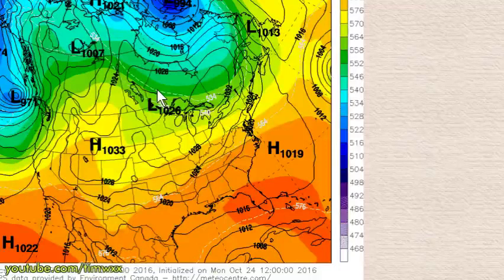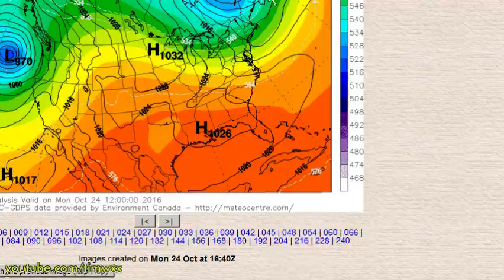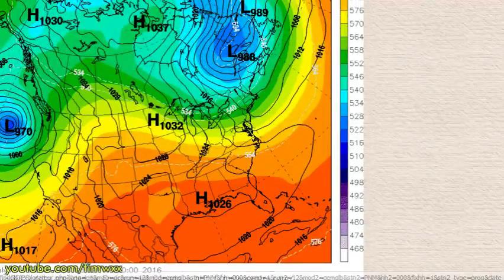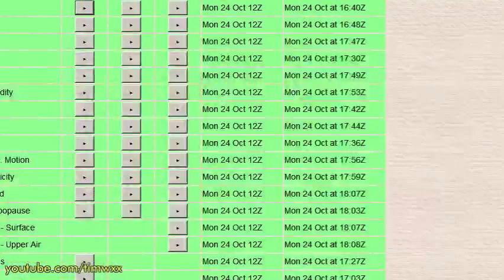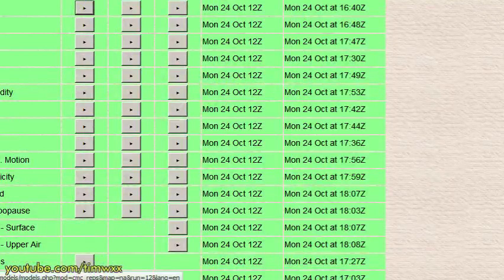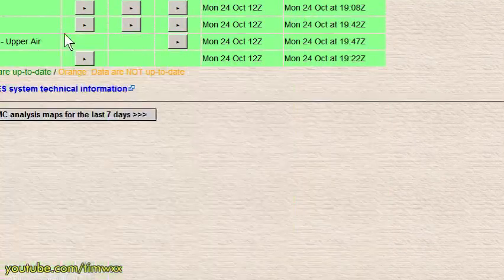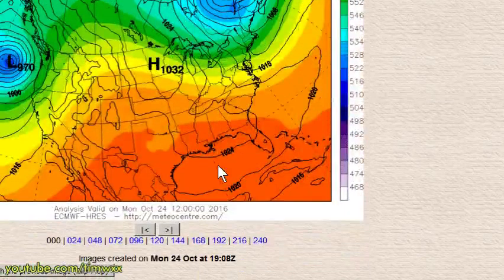Don't have a handle on that next system coming into the Great Lakes area. Looks like that's pretty far off. I don't think we have anything to look at, really. And I'll just check on the European model. I'm sure we don't have anything past 240 hours for that. Yep, 240 hours, that's all.